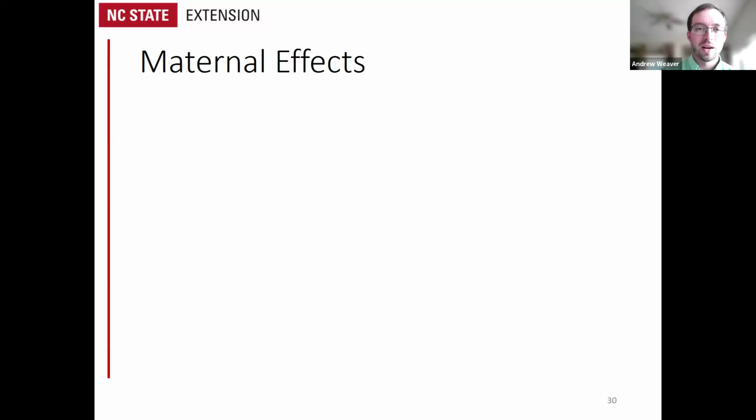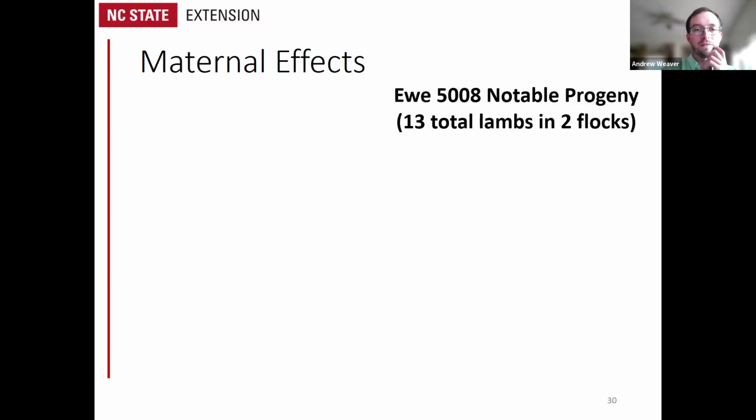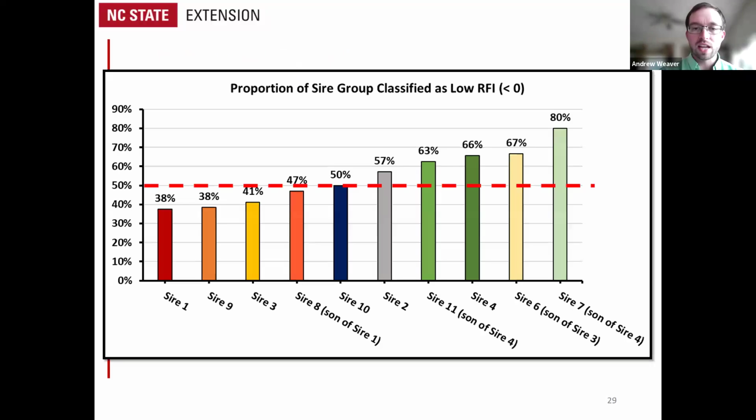And so I wanted to look at this maternal effect and started digging through pedigrees, because the sire stuff is easy, because you have these sire groups. Sires have multiple offspring, many offspring in a given contemporary group. Relatively straightforward to sort through these different sire groups.